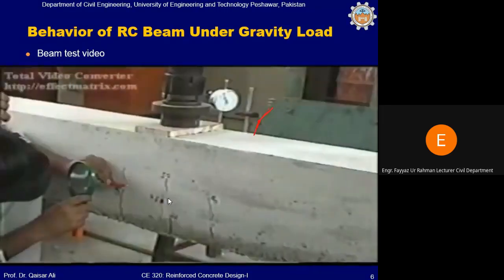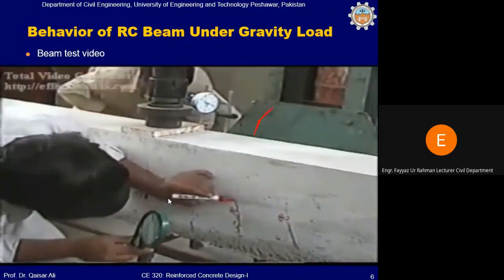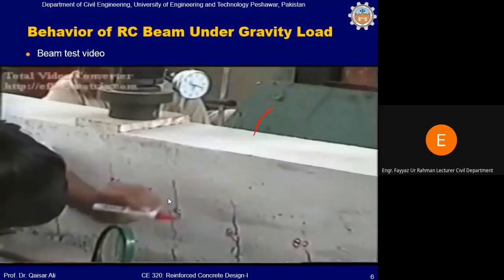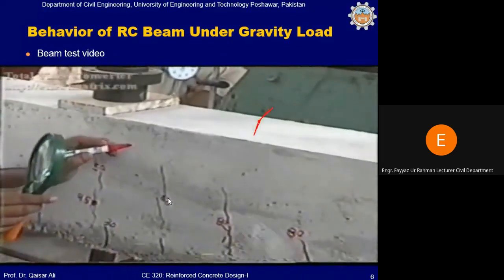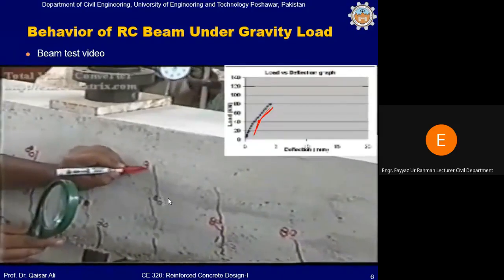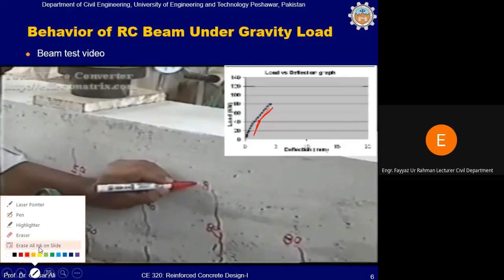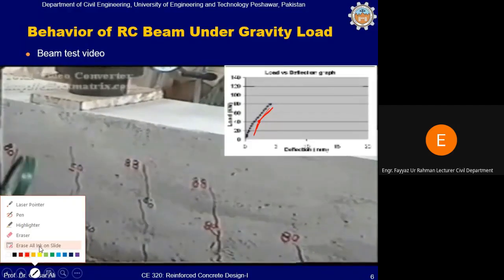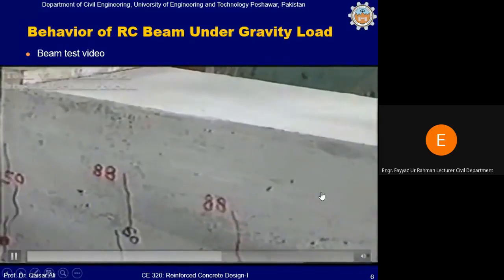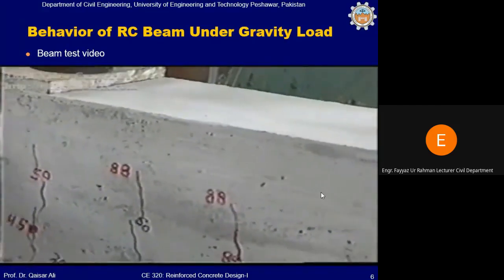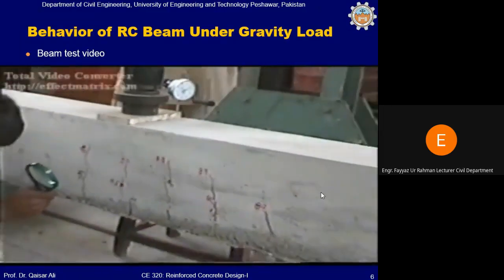Each crack and the corresponding load at which it appears is marked on the beam. Cracks are propagating toward the top. These are the cracks corresponding to 88 kilonewton.